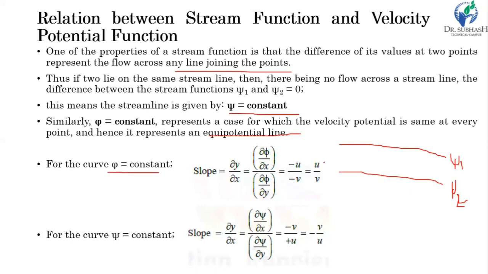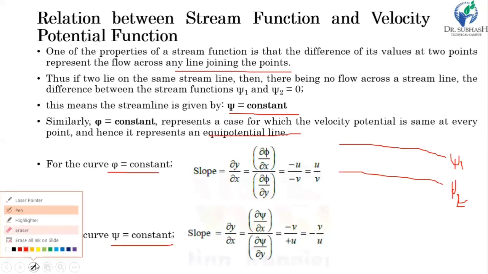So here the slope is u by v. In the same way, for the stream function psi equal to constant, the slope is del y by del x again. So del psi by del x and del psi by del y is nothing but the negative of v divided by positive of u.